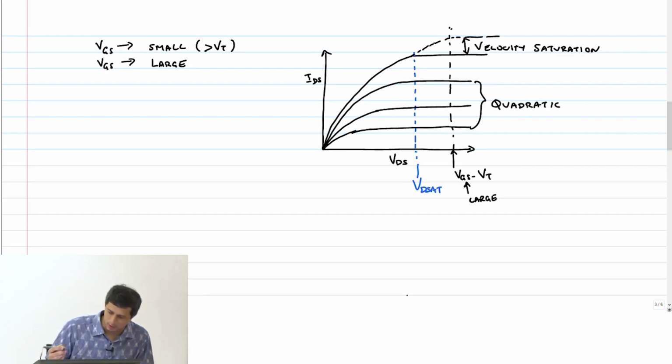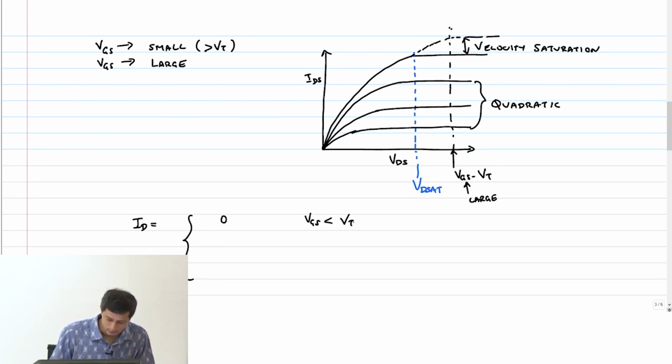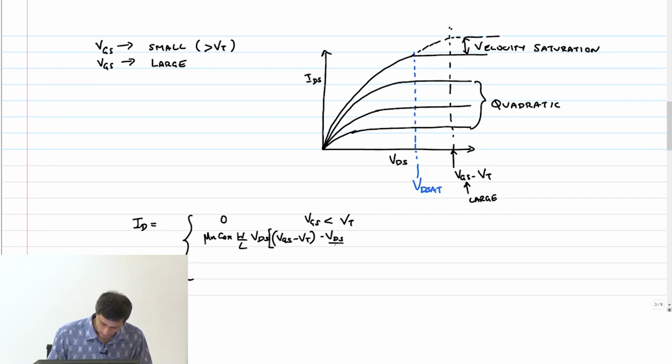Okay, so how does this current look like now? That is just the intuitive picture that I gave you. So how do we incorporate this into our equation? The drain current is going to be the following. Of course it is 0 if VGS is less than VT. Now if it is in linear region, mu n C ox W by L into VDS into VGS minus VT minus VDS by 2.